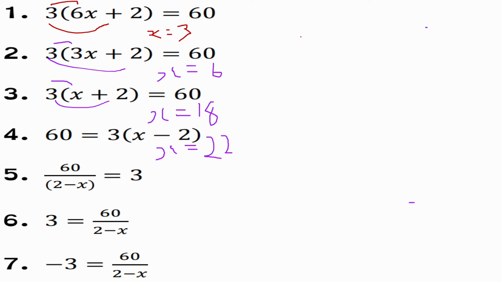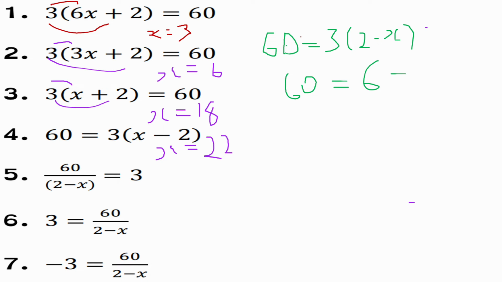So I'm going to times both sides by 2 minus x. So I get 60 is equal to 3 lots of 2 minus x. Expanding the bracket, I get 60 is equal to 6 minus 3x.